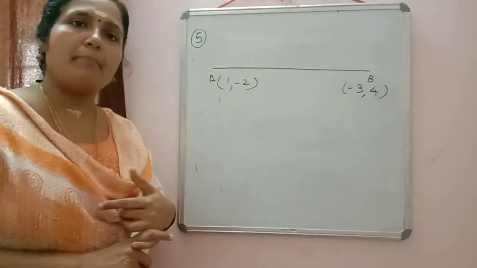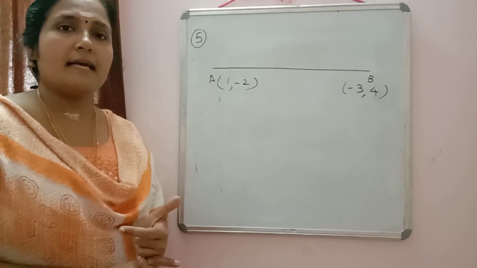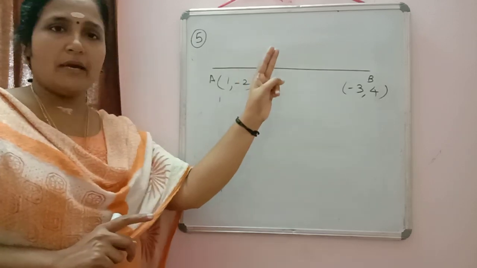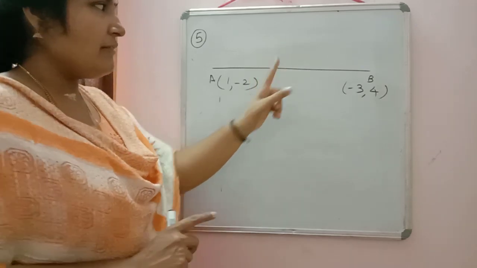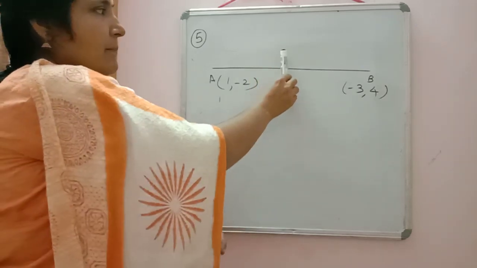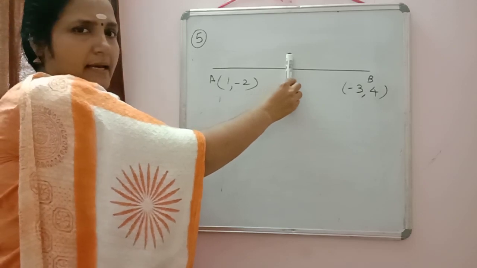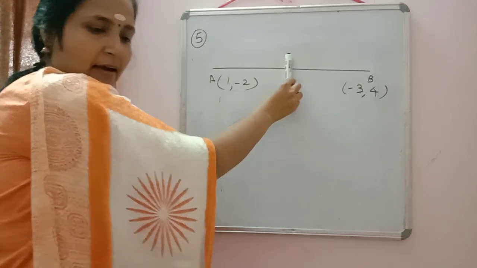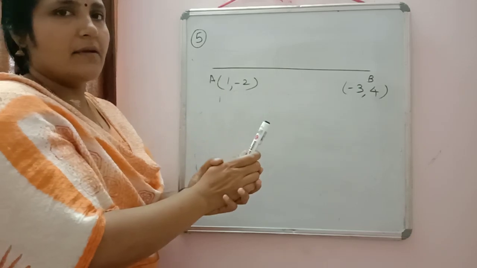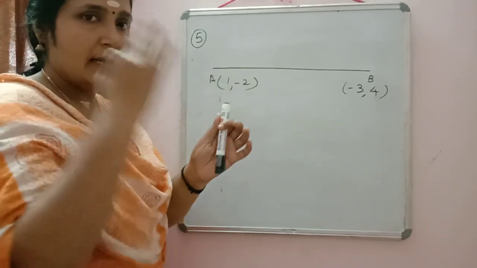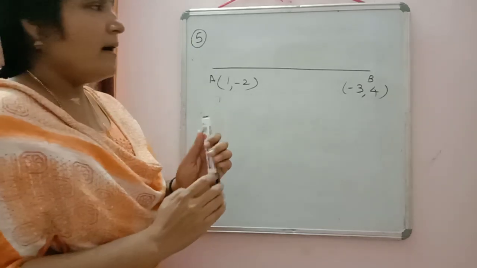What is the meaning of bisect? Bisect, bi means 2. So dividing in 2 equal parts. So if you have to divide the line segment in 2 equal parts, just this partition is enough there. Only one line there. Now what they are saying, which trisect the line segment. Trisect means which divide the line segment AB in 3 equal parts there.